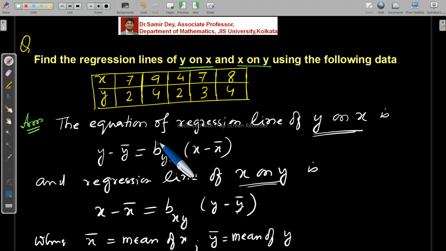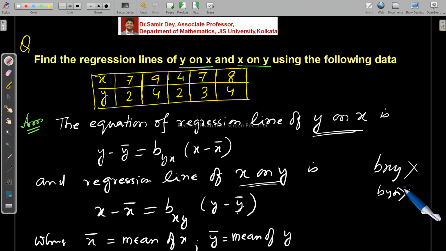This is called the regression coefficient of y on x, and this one is called the regression coefficient of x on y. Here you can see yx, that is, on the left side you have y, so yx. Here you can see xy, and you should write it in suffix. Please don't write bxy or byx, it is wrong.